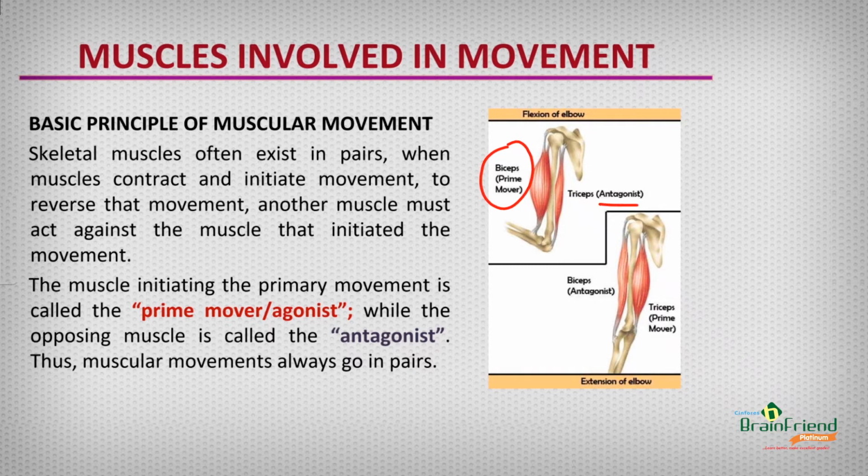For example, in the flexion of the elbow, which is an action that reduces the angle between bones of the elbow, the biceps muscle is termed the primary mover or the prime mover, and it causes the flexion action. To reverse this movement, the triceps muscle acts as the antagonist, which extends the bones that are joined in the elbow to make them look straight.